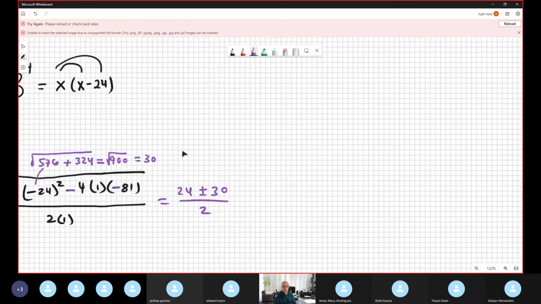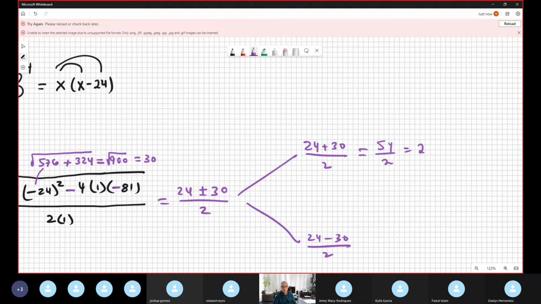We separate into solutions. 24 plus 30 divided by 2, and 24 minus 30 divided by 2. Well, this is 54, divided by 2 is 27. Cool. And this is minus 6 divided by 2, which is minus 3.